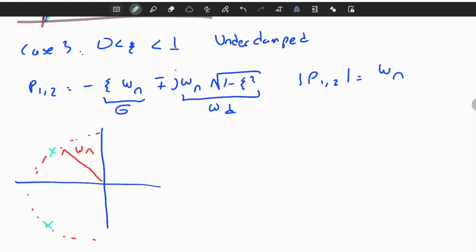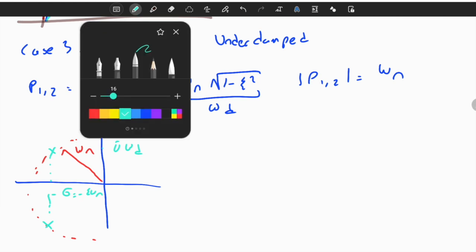The real part is equal to minus sigma, or minus psi omega n. It's the exponential part, which is not oscillatory. The complex conjugate part is equal to j times omega d, or omega n times the square root of 1 minus psi square.